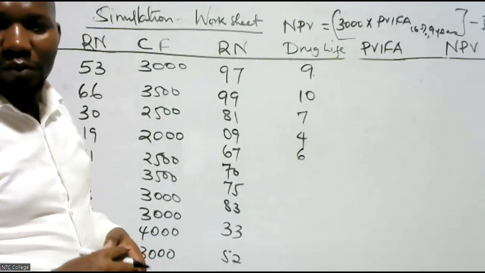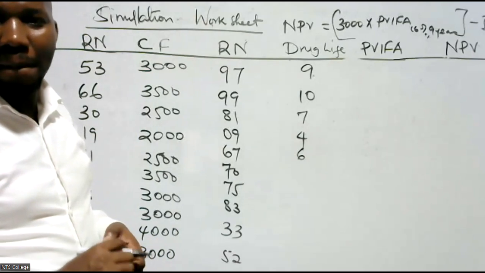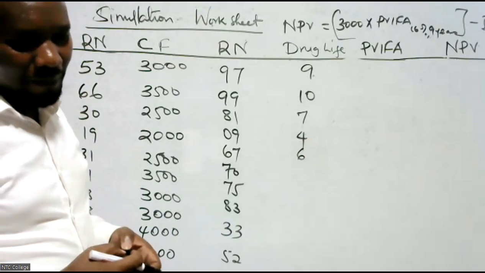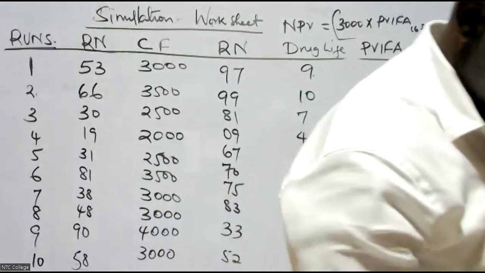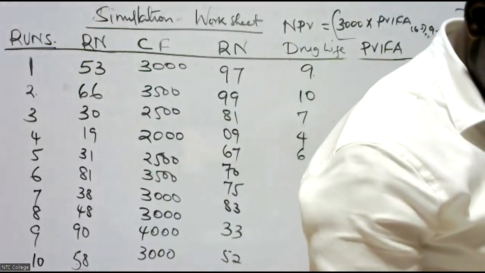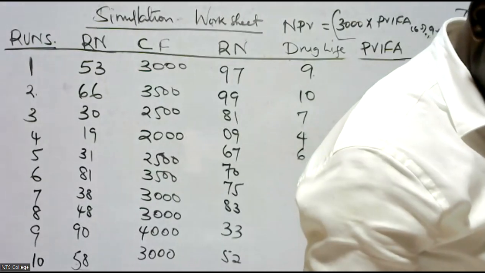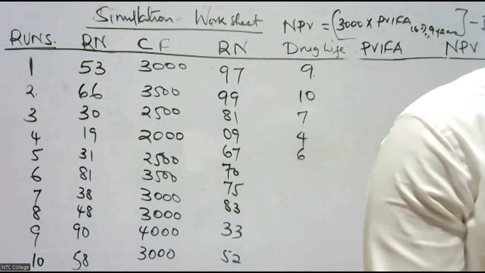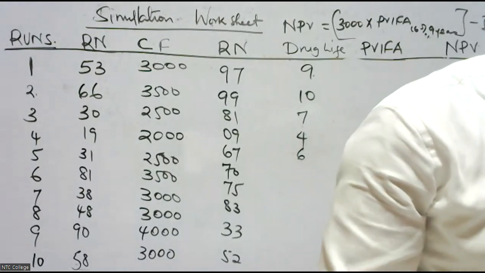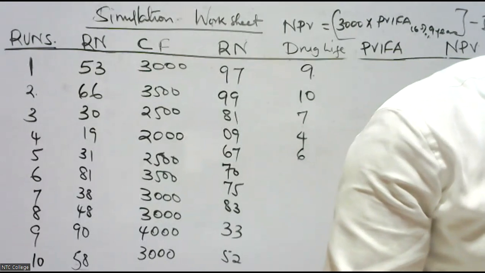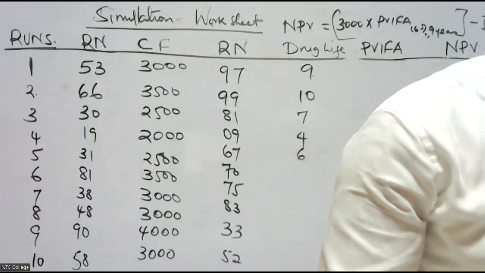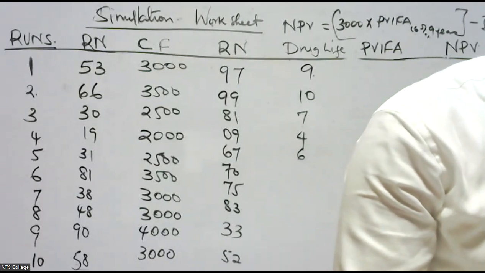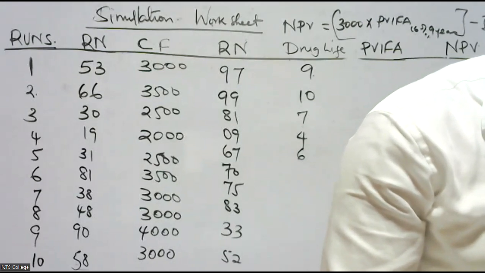Joel, take over. 7. 17 is 7. It's 6. Why are you saying 6?